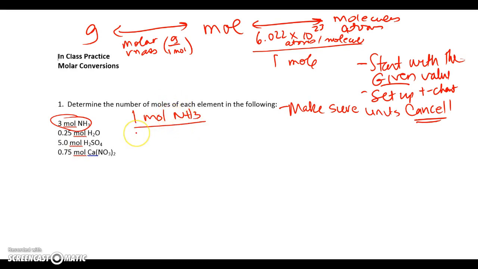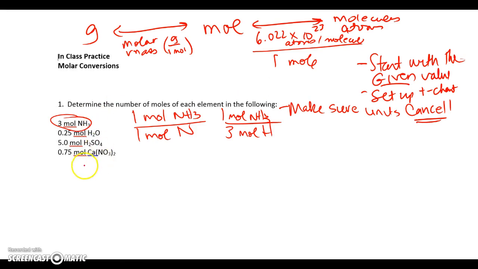Well, we have 1 nitrogen atom in this molecule, so for every 1 mole of NH3, we'll have 1 mole of nitrogen, won't we? And then for every 1 mole of NH3, we'll actually have 3 moles of hydrogen. These would be the conversion factors we'd use.